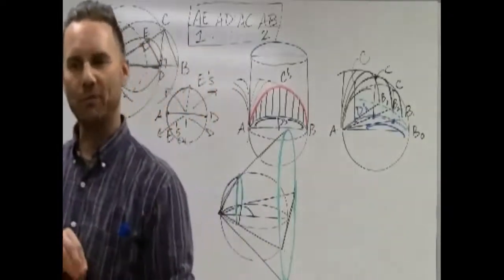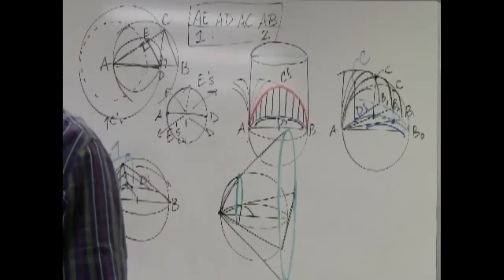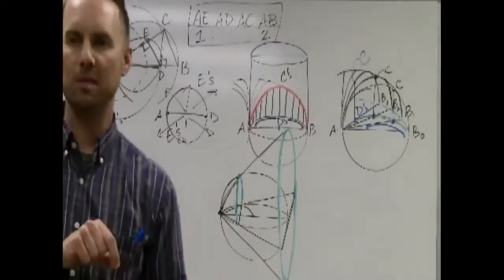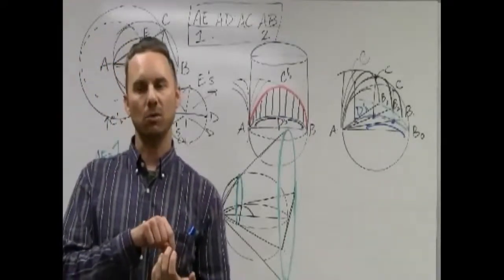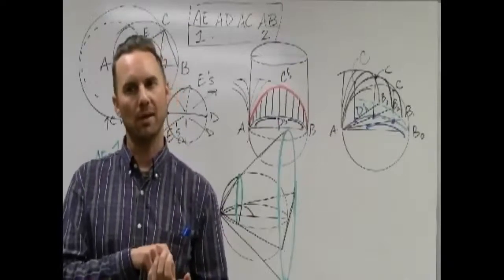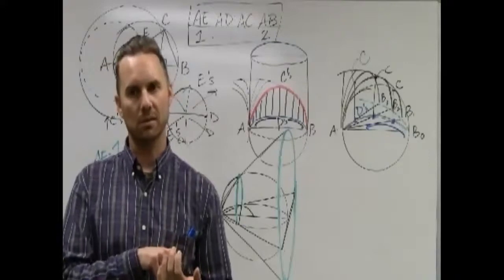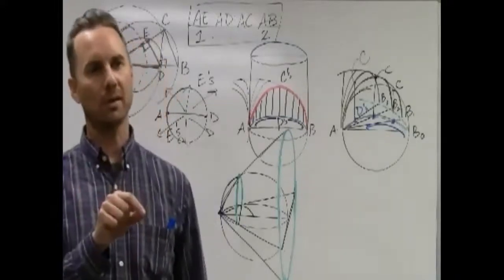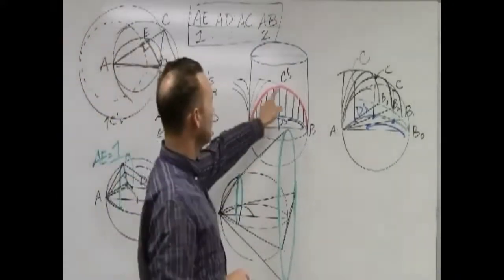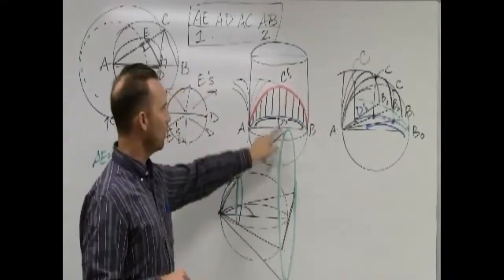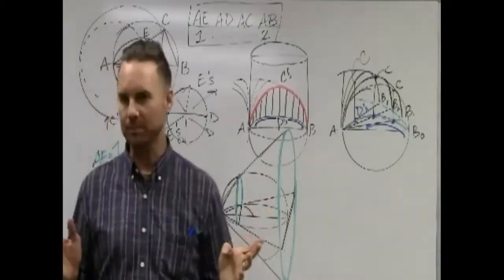And now all we have to do is locate one specific point C, where AE equals 1, that alpha epsilon equals 1, and AED, alpha epsilon delta, is 90 degrees. If we can find one point along this red arc that intersects this cone, then we'll have solved the problem.